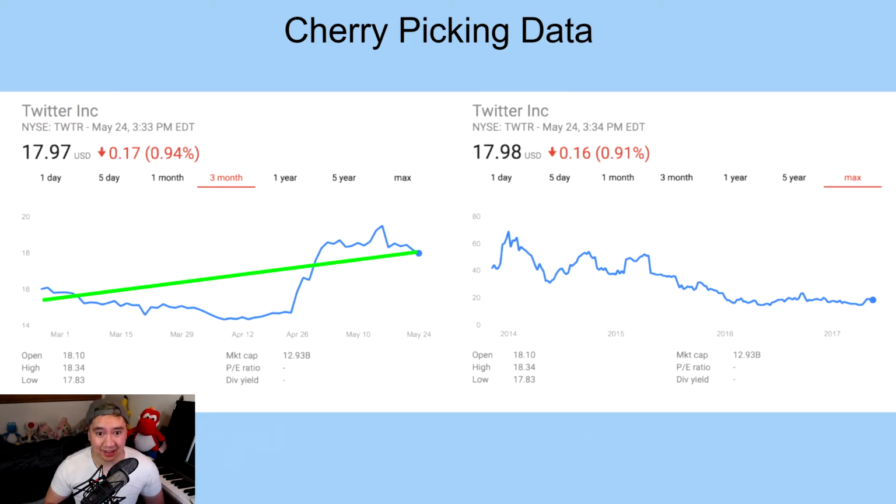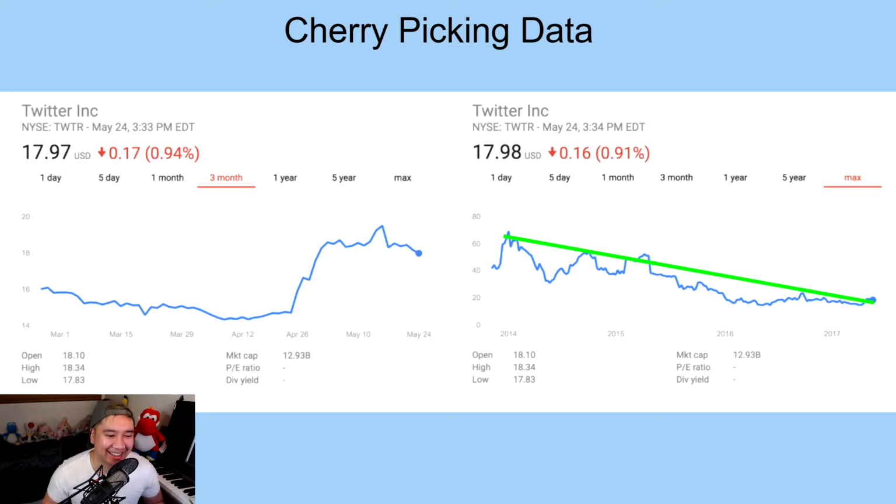But actually, in reality, Twitter has not been doing so good. Because in the long run, Twitter has been actually declining in their stock value. So look at 2014, their max was about 75 US dollars, and at the end of 2017 or so, it's down to 18 US dollars.